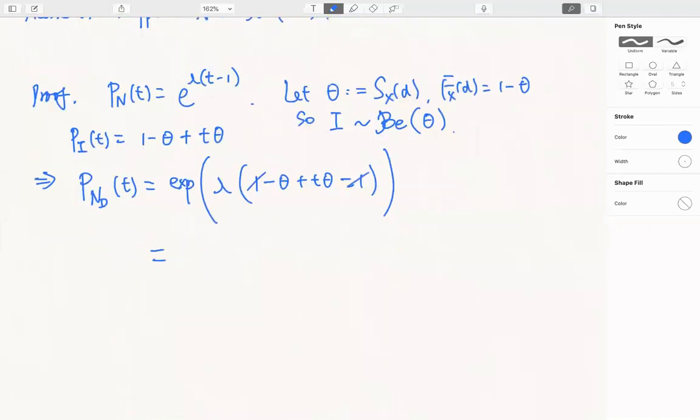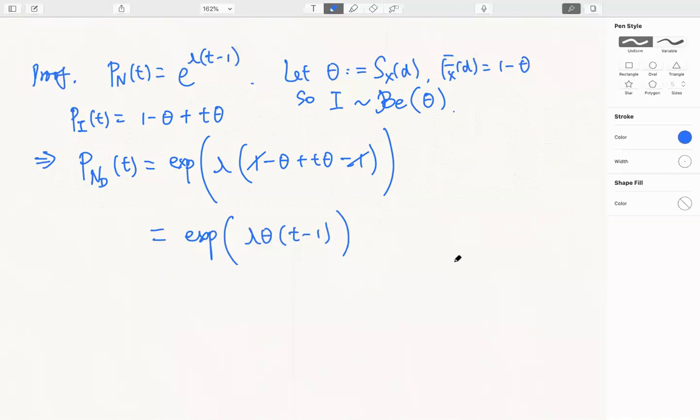So this one will cancel this one. I can factor out this theta. So what do we have? So let's introduce lambda tilde, let's use lambda_D, as the original lambda times theta.